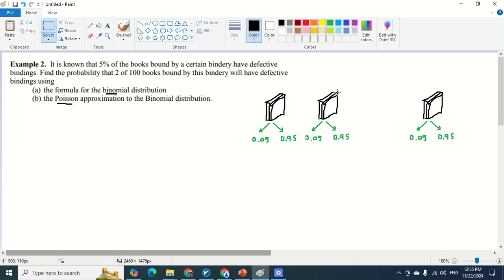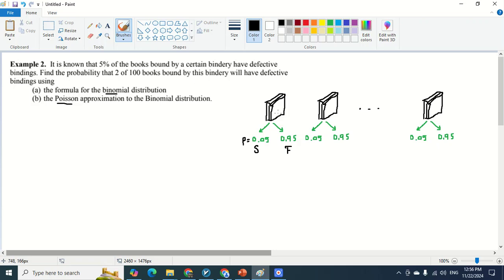So somehow we have the conditions of the binomial distribution. We have trials, where each trial investigates the quality of the binding of the book. With the probability of 0.05, which determines p, the probability of success, it is going to be defective, and for the failure case, where the binding is good, the probability is 0.95, so q is equal to 0.95.